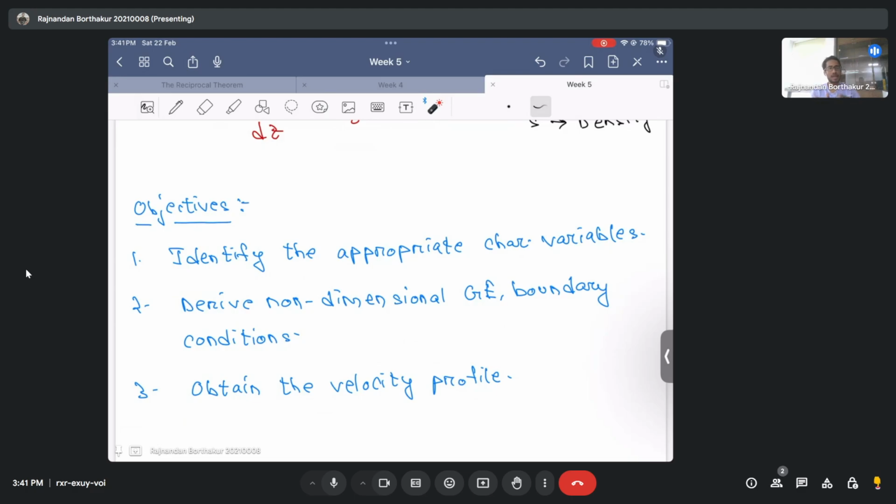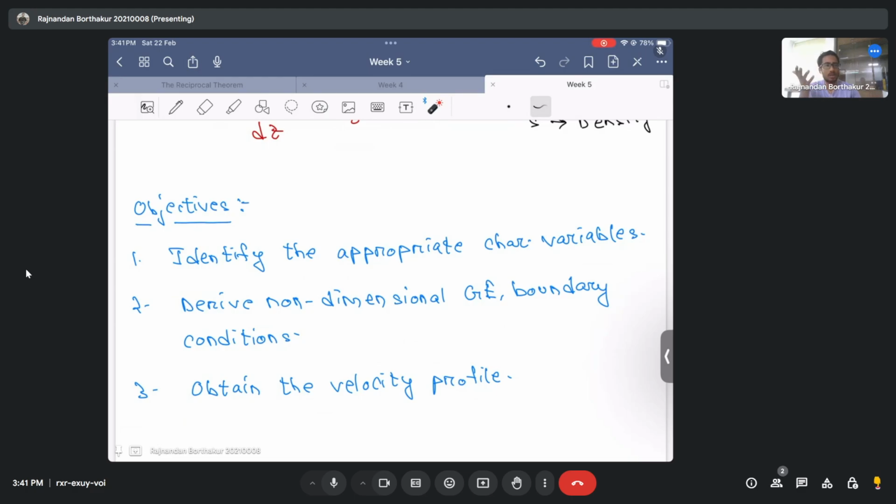But in an attempt to finally get the velocity profile, we will first identify the appropriate characteristic variables in this analysis. The theory that we learned in the scaling analysis, we will apply it here to identify the appropriate characteristic variables, and then use these characteristic variables to derive non-dimensional governing equations and boundary conditions. So we'll be using these characteristic variables to figure out the different non-dimensional parameters.